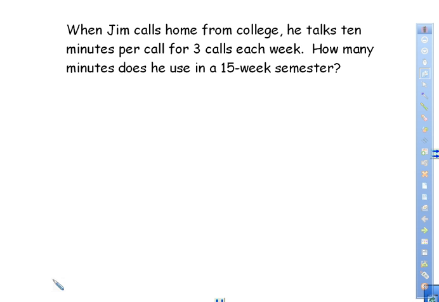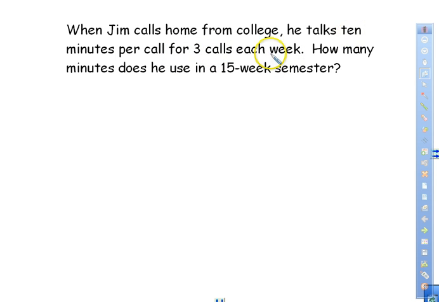All right, it says when Jim calls home from college, he talks 10 minutes per call for 3 calls each week. How many minutes does he use in a 15-week semester? Well, let's look at the first one. It says he calls home from college. He talks 10 minutes per call for 3 calls each week.